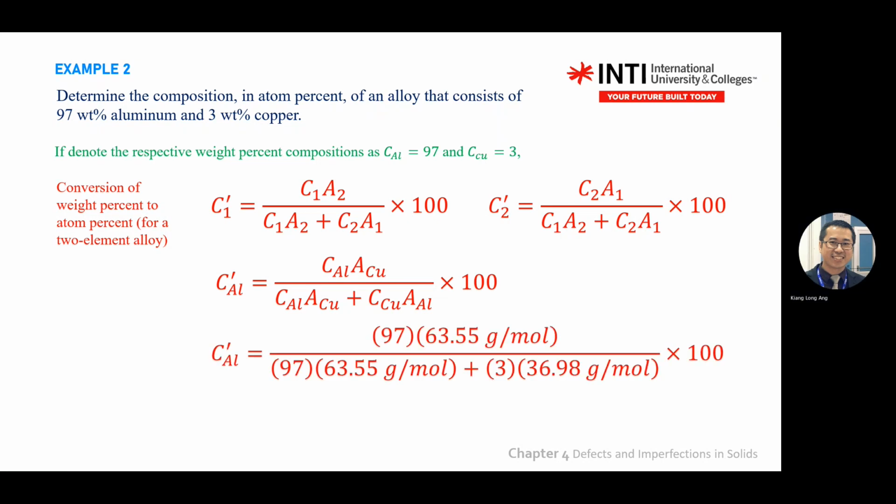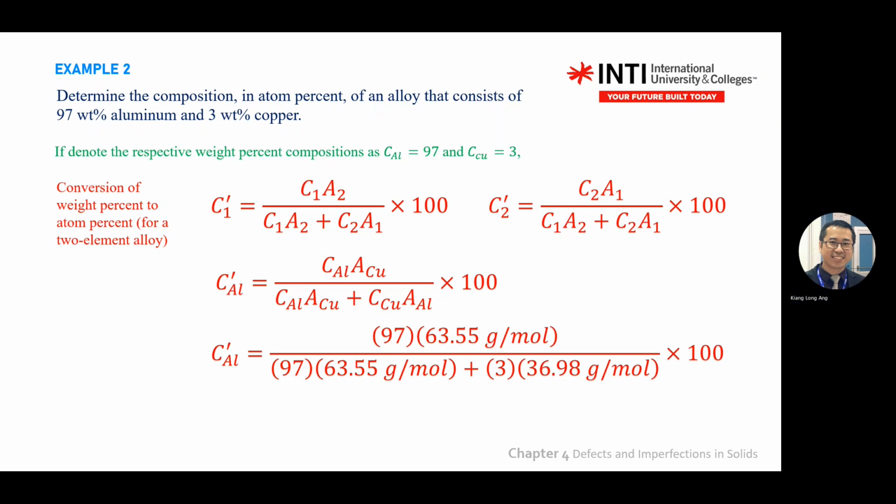Then the atomic weight of copper, you refer to the periodic table. Copper is 63.55 gram per mole. You will surely see the periodic table in all your assessments, in your test 1, test 2, and final exam. So make friends with the periodic table.